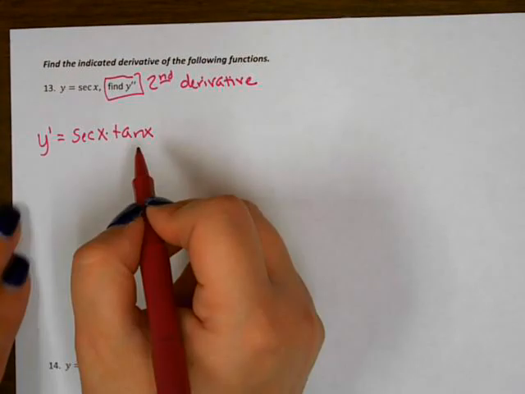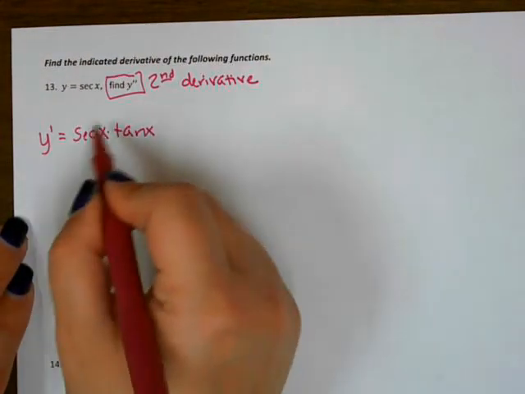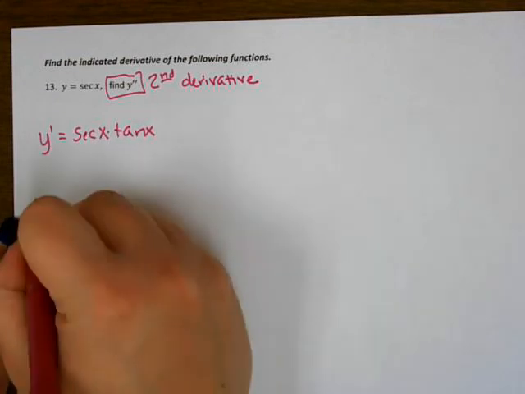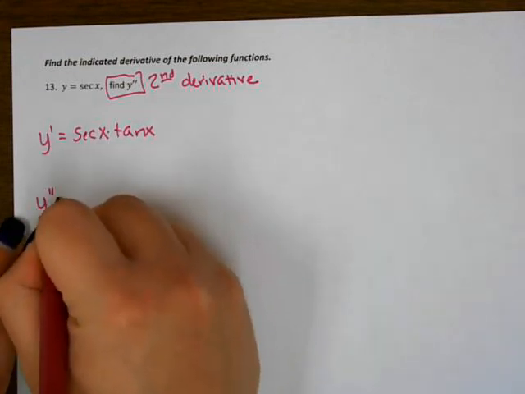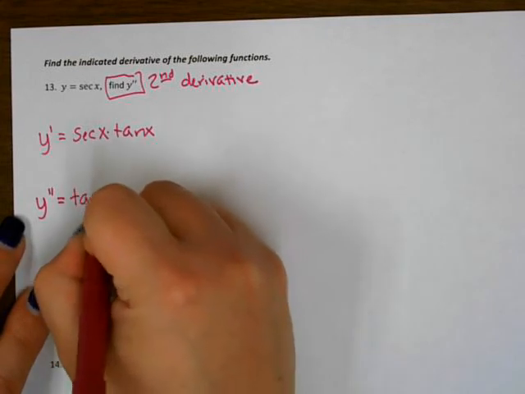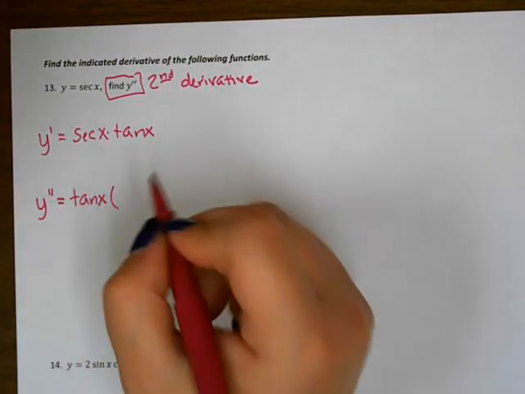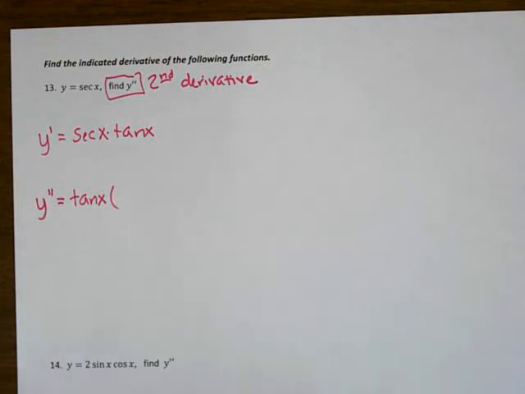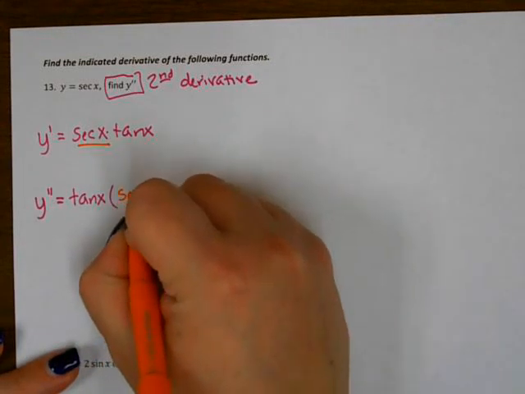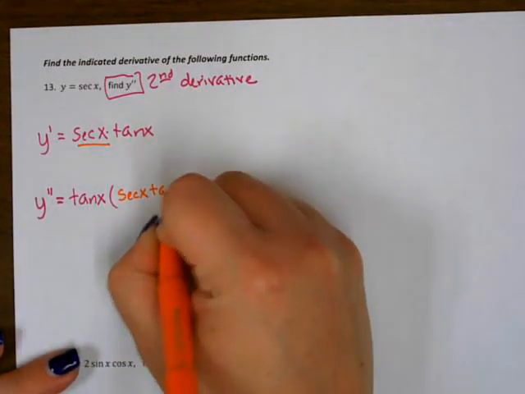Now if I want to do the second derivative, I need to take the derivative of this function here, which I can see requires product rule. So y double prime is going to equal, I'm going to leave the tangent x alone, and I'm going to take the derivative of secant of x, which is secant x tangent x.